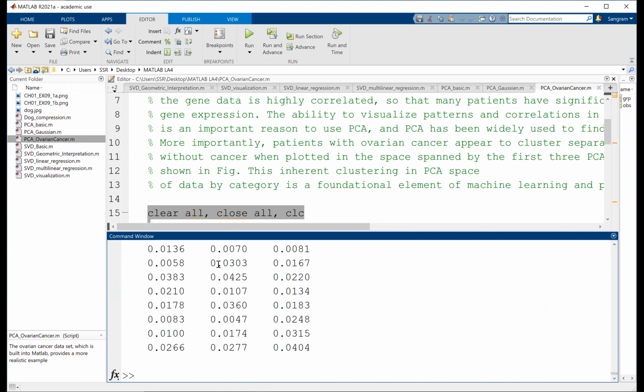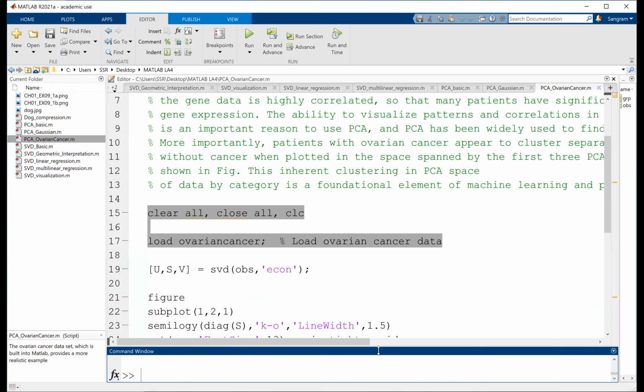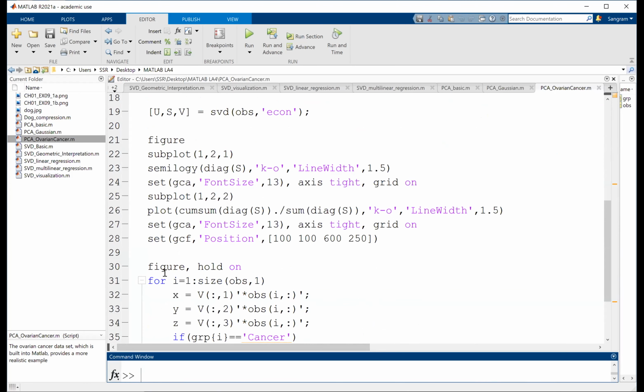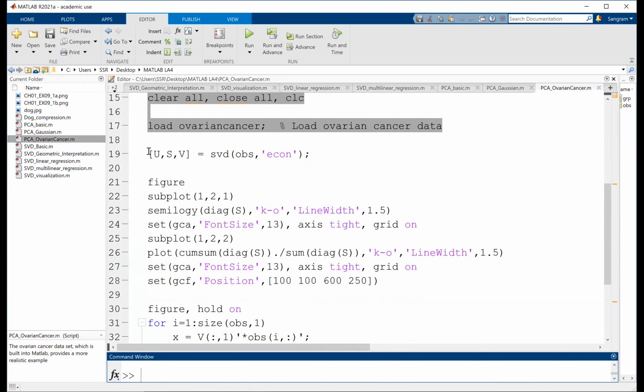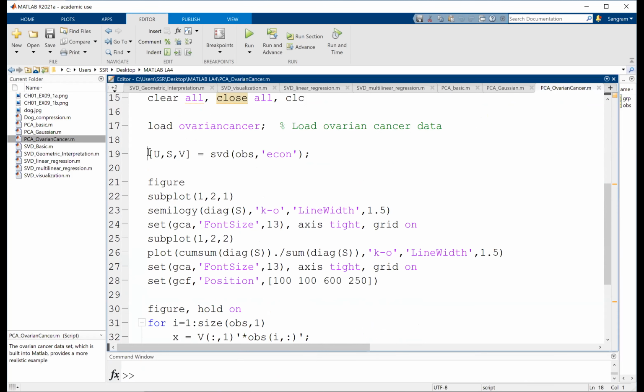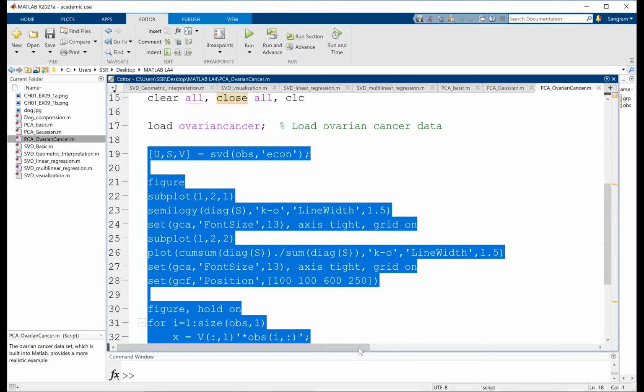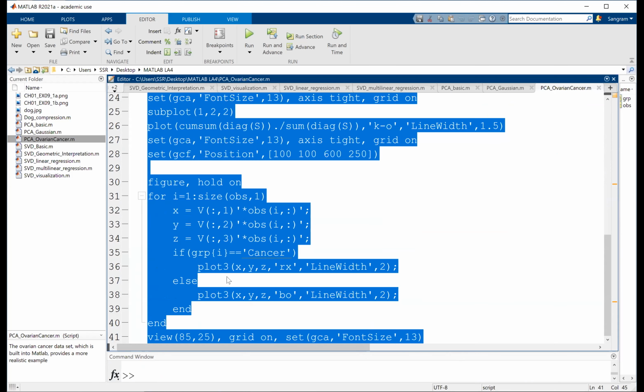Just looking at the data set, we don't know how to decipher this. So what we do is we run something called SVD, and you will realize things are going to become super easy to predict. And I'm going to run this entire code.